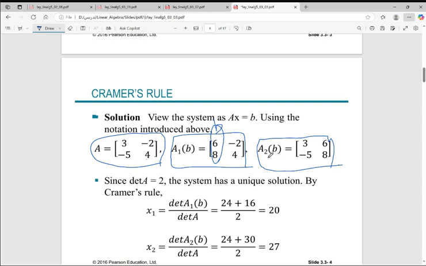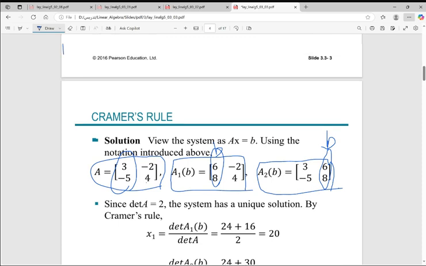Matrix A with the second column replaced with B. Exactly. So A2B is matrix A, but the second column is replaced by B. You have 3, minus 5, the first column exactly the same as matrix A, and the second column is replaced by B. So in the second column of A2B you have 6, 8, right? Right, sir. Okay, is it clear until now? It's okay until now.